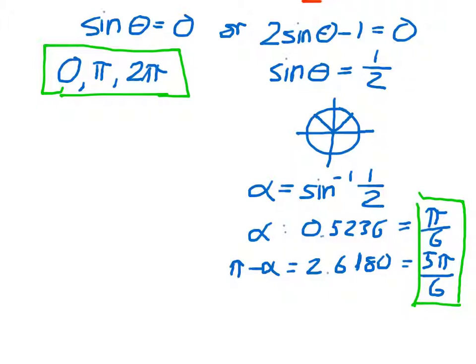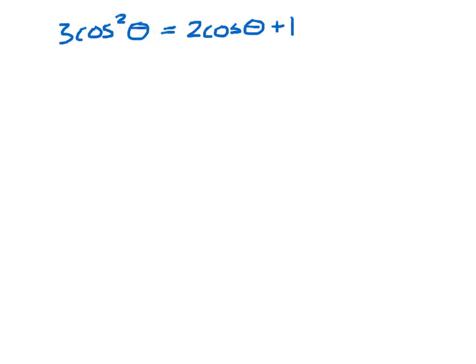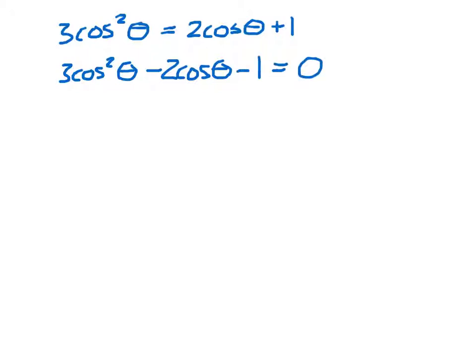Alright, let's look at one more example really quickly to practice a little bit more factoring, and then we'll be done. Okay, in this equation, we're given 3 cosine squared theta equals 2 cosine theta plus 1. Again, I'm going to solve for 0 on the right hand side. And that isn't always going to work, by the way, but it's a good first step.